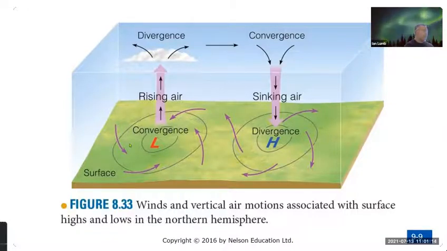So the cyclone's shown over here on the left. And what you really need is to set up a circulation. So there needs to be coordination between what's happening down here at the surface and what's happening up here aloft. So an upper level high, such as what I just showed you, means that we have a region of divergence aloft. If that kind of lines up with a region of convergence down here at the surface, then we have the ability to produce a circulation.